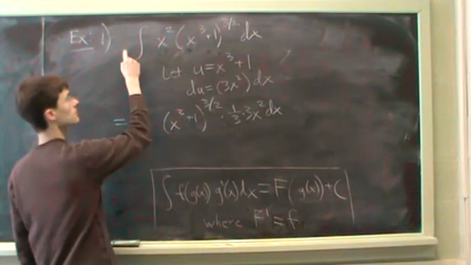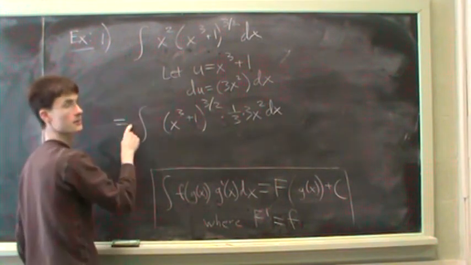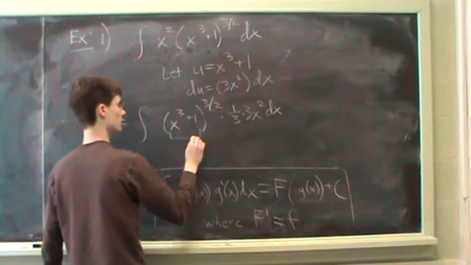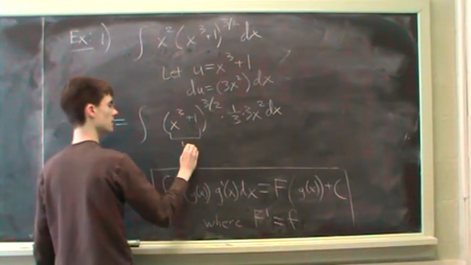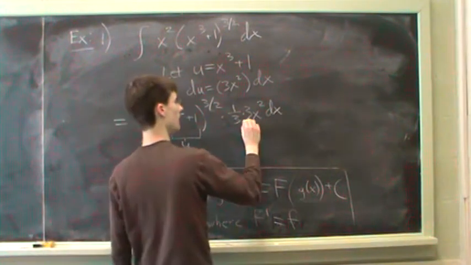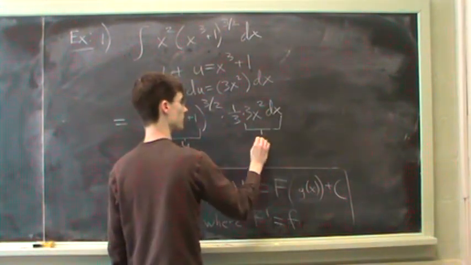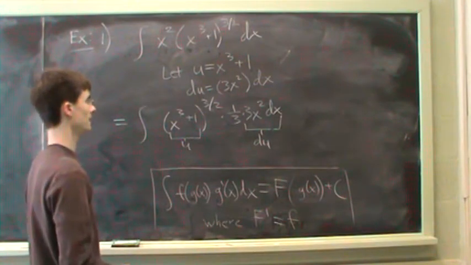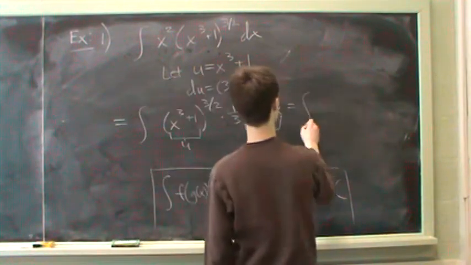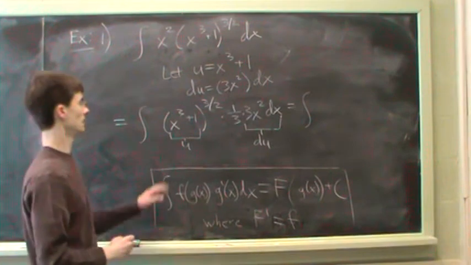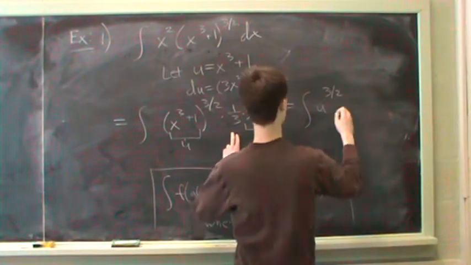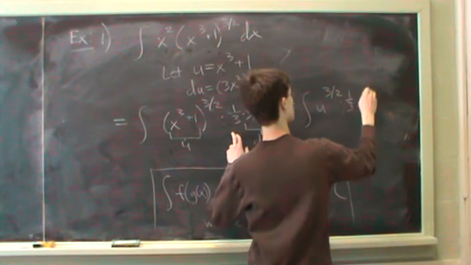This is really just a rearrangement of the problem I've been given. And now, the x cubed plus 1 I'm going to replace with u, and the 3x squared dx I'm going to replace with du. And now my problem becomes the integral of u to the 3/2 times 1/3 du.